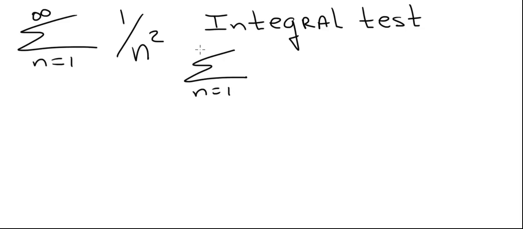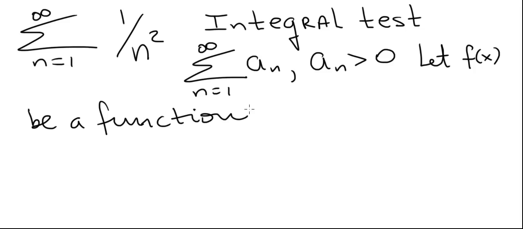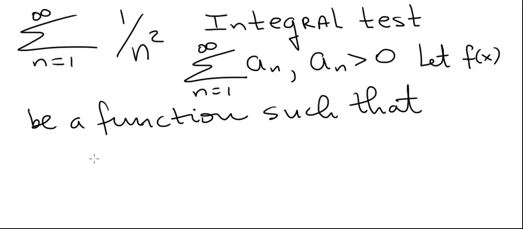When we have a series from 1 to infinity of a sub n, and we assume that each term of this series is positive, suppose we can find a function, so let f of x be a function such that 4 conditions are satisfied.